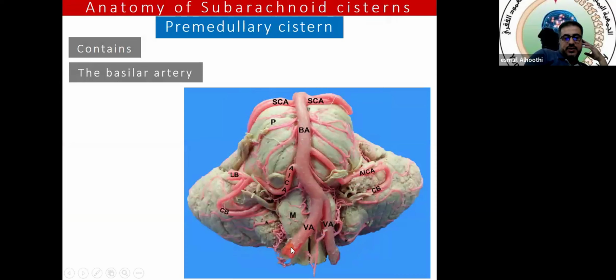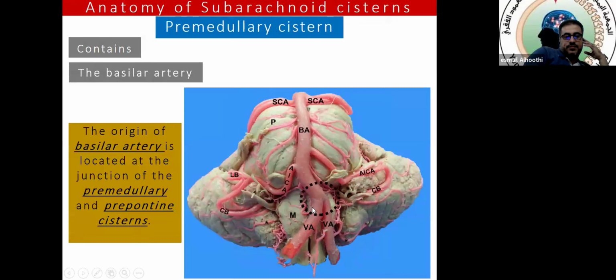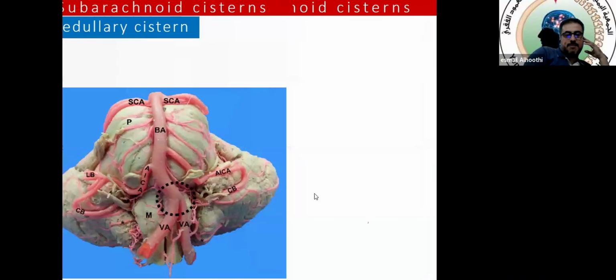The vertebral arteries inside the premedullary cistern, one on the left and one on the right, communicate with each other at the center to form the basilar artery at the upper border of this cistern. So the basilar artery is formed by the union of the left and right vertebral arteries at the junction of the premedullary and prepontine cisterns.